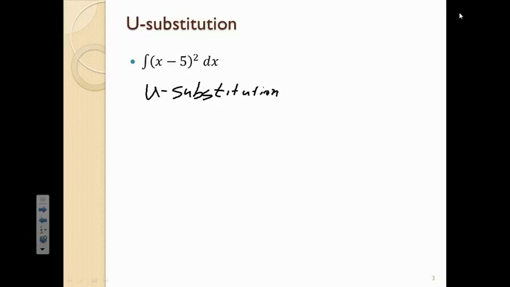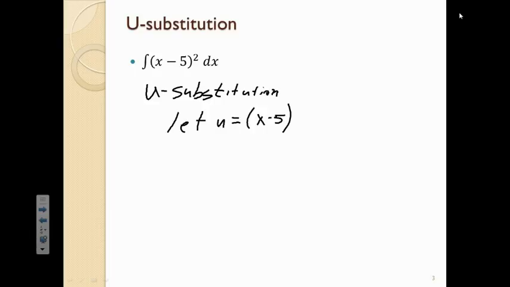And if we're doing U substitution, we would say, let u equal x minus 5. If I could replace the x minus 5 with u, then I end up getting the integral of u squared. And that I can use our simple integration formula for.